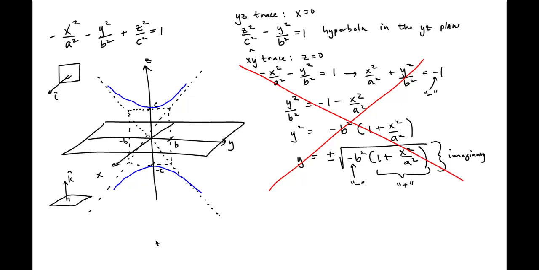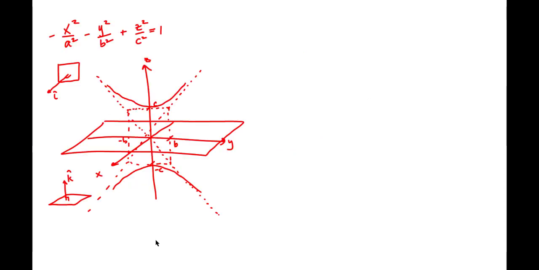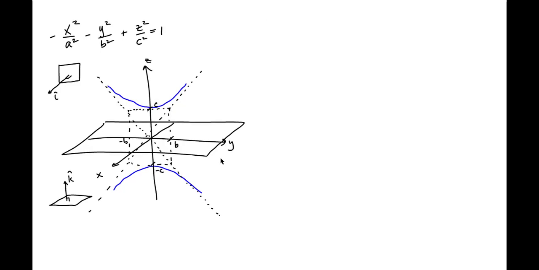That trace doesn't work. Let's copy to this page. Let's try another trace. Let's make Z equal to C. Let's see what we get there at Z equals C.